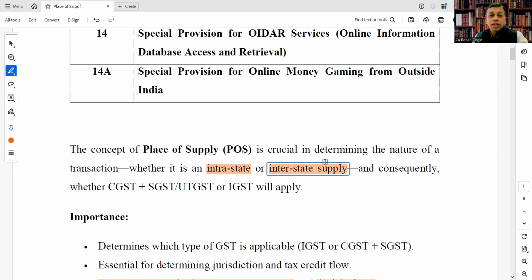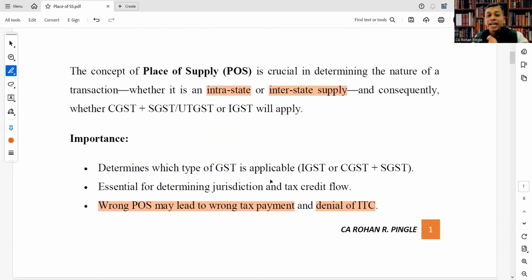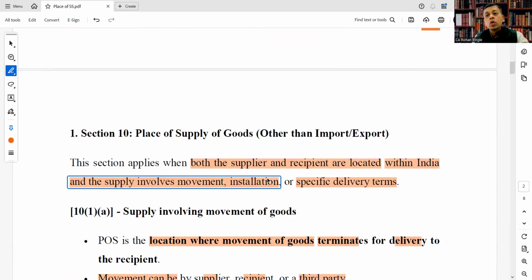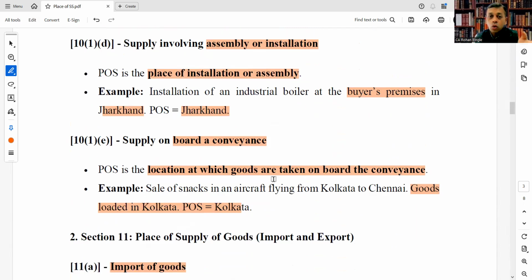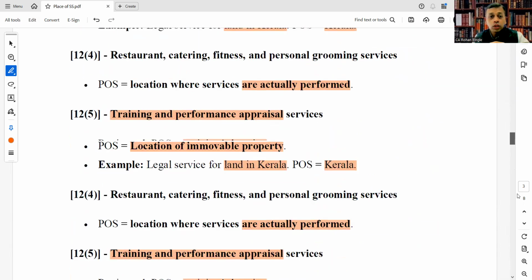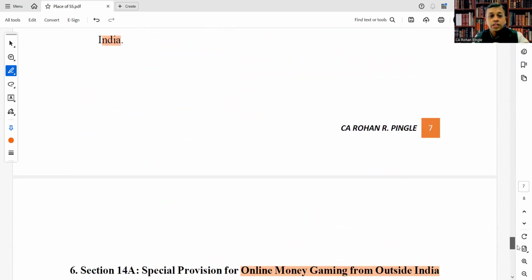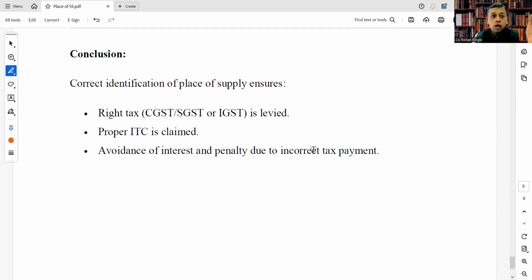Hope you are very clear about the place of supply concept. Watch this video a number of times until you understand it. Okay, so let's move on to the conclusions from today's learning. Correct identification of place of supply ensures the right tax, that is CGST, SGST or IGST, is levied and proper ITC is claimed.